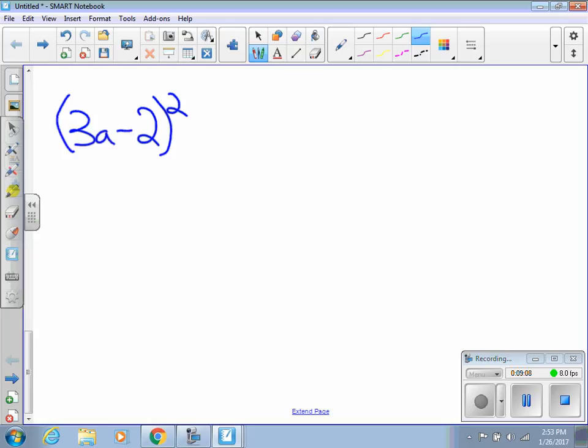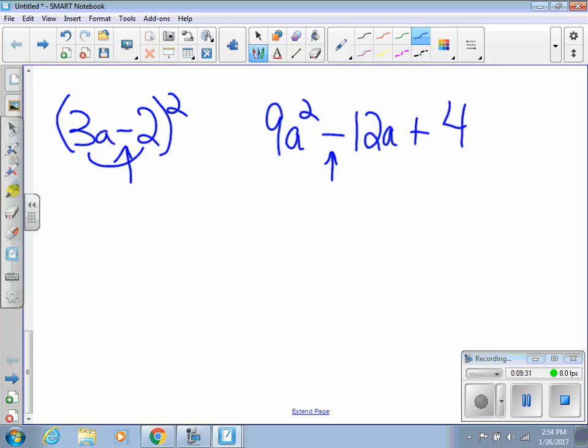So with this one, we are going to square the first term. We're going to square the second term. And we are going to multiply together 6a times 2, 12a. And this sign right here always takes this sign. Okay?